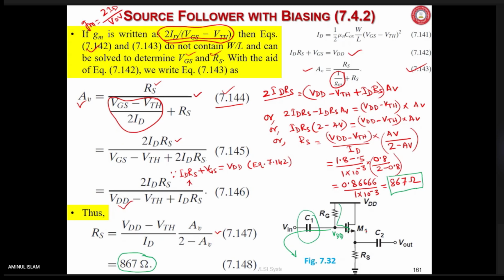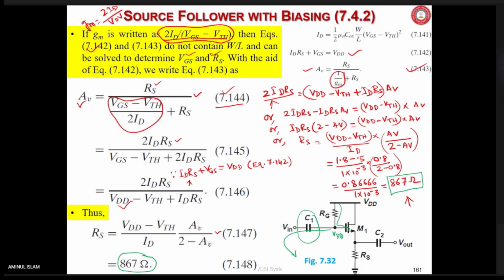This way can we write? And also here, try to follow this. After all, this expression gives the RS value as 2867 ohm. Tell me whether you are following me or not.